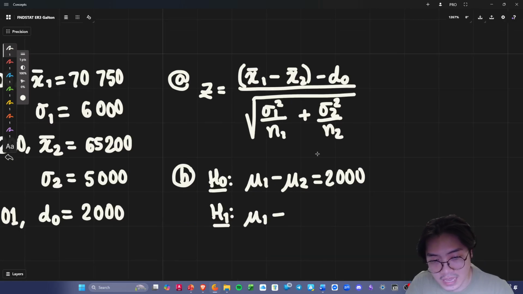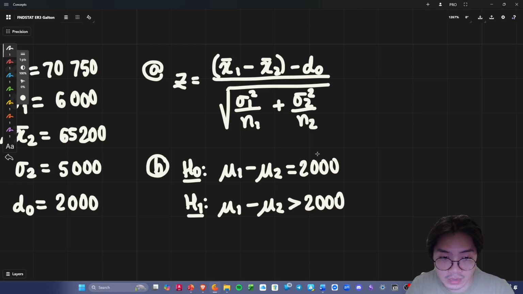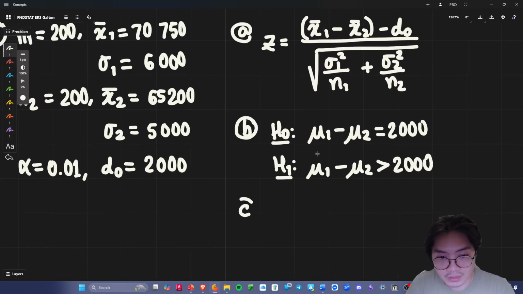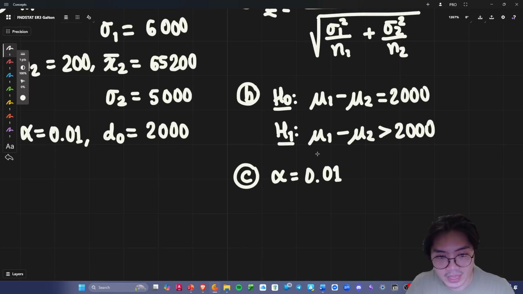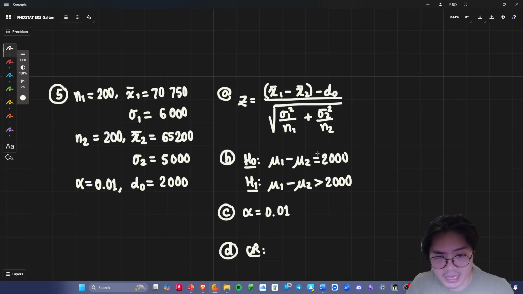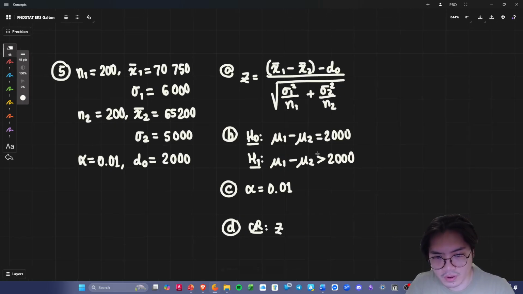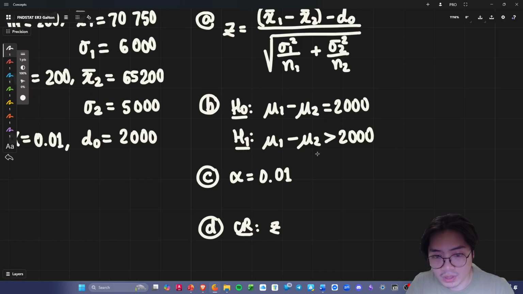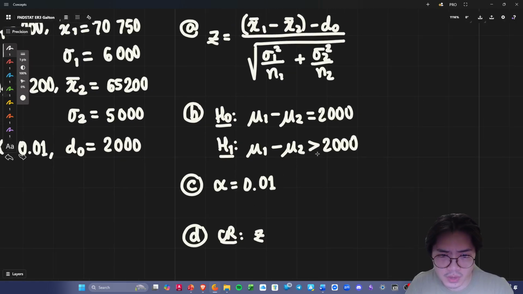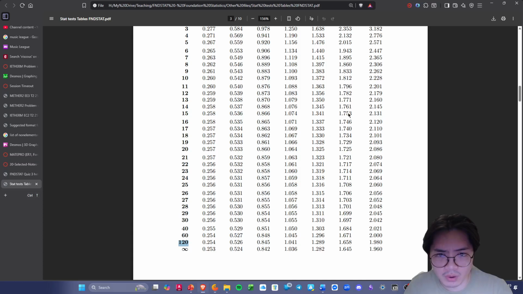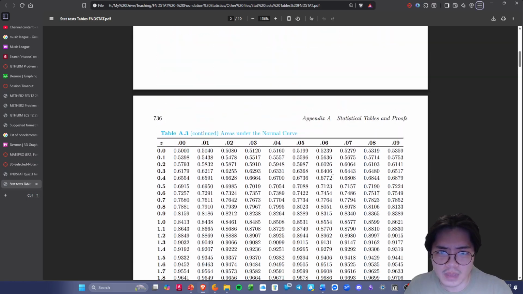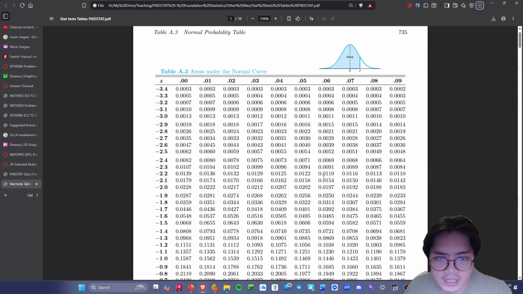In the alternative hypothesis, it is bigger than, more than, or higher than $2,000. Letter C has a level of significance of 0.01. For letter D, our critical region should be, for a one-tailed test, 0.01. I don't think we've seen that before. Scroll back, 0.01.